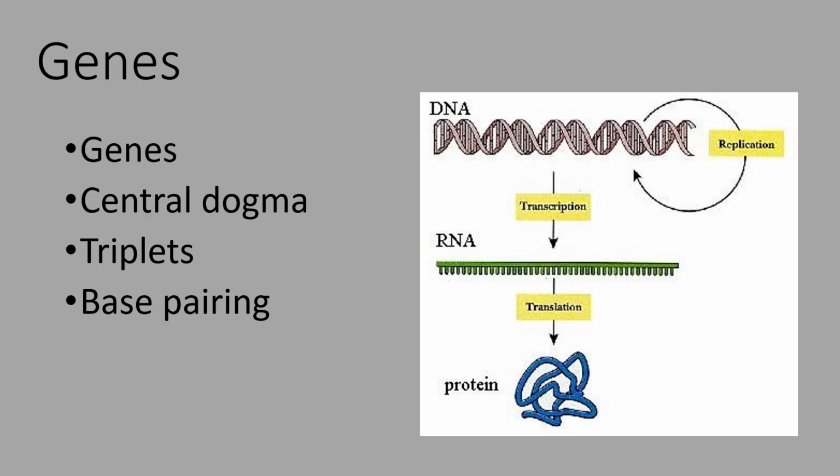Think back to the end of chapter 2. Protein does everything. Protein is the most diverse and versatile macromolecule in our body. It does everything from give your skin its texture, to give your eyes and hair their color, to lubricate your throat, to protect you from disease. Almost everything in your body is performed by protein.